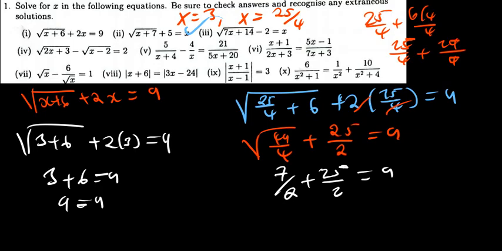Let's add this. So 7 plus 5 should be 12. So meaning I've got 12 divided by 2, which is 6. So 6 cannot be equal to 9. Therefore, the extraneous solution here is this one.